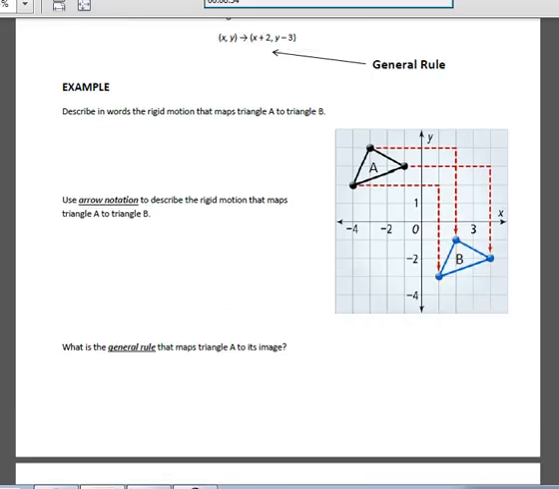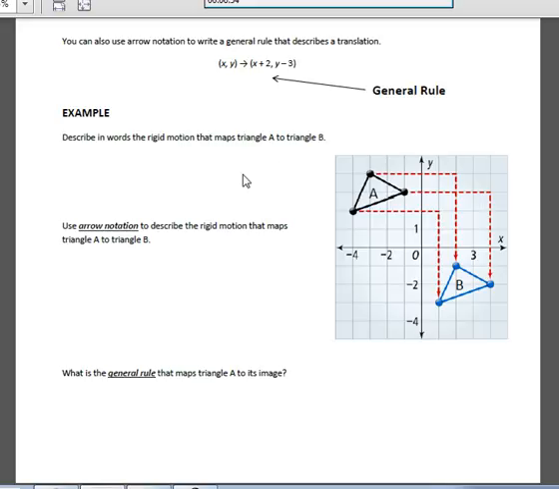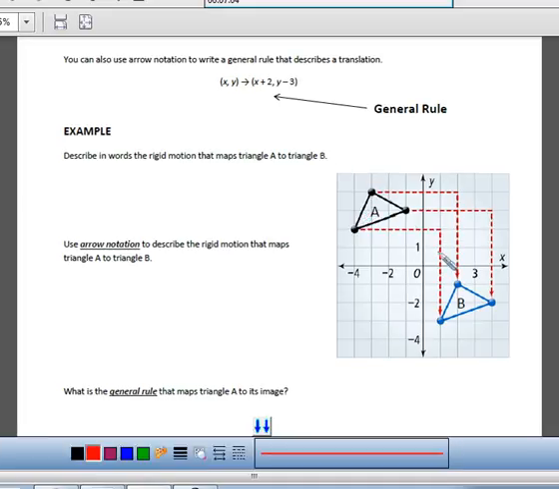It doesn't matter. Anyways, so our example: describe in words the rigid motion that maps triangle A to triangle B. So here's the original figure, A, and we're going to B. So what is happening?